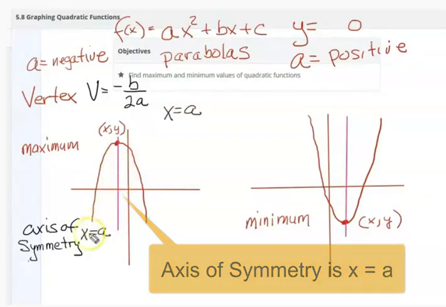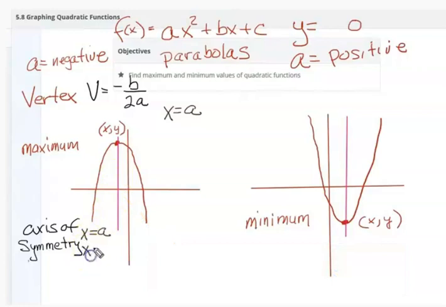And in this case, it looks like maybe x would equal -1. Now, in this case, the axis of symmetry, again, would be your x value, and here, I'm just making these up, this would be x equals 2. That would be the equation of this vertical line, which we call the axis of symmetry, which divides the parabola into two equal sides.